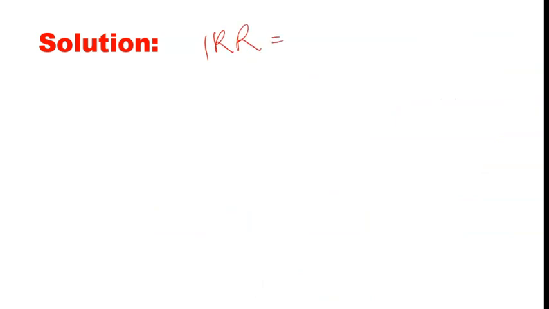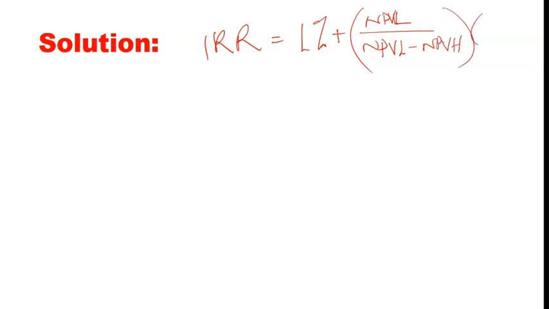So let's now calculate the IRR. IRR is equal to the lower percentage plus NPV lower over NPV lower minus NPV high, multiplied by the higher percentage minus the lower percentage.